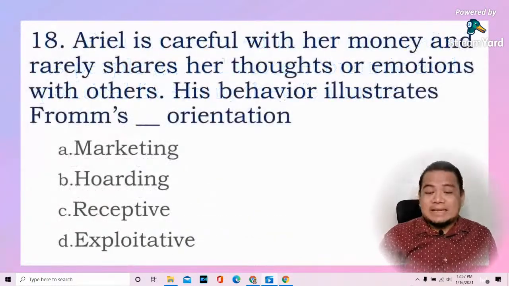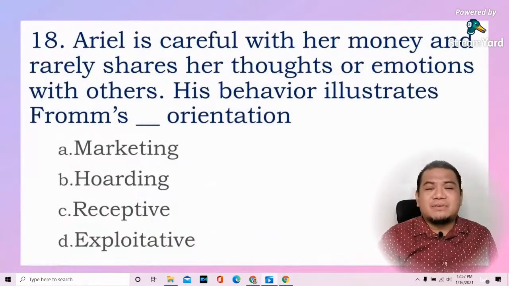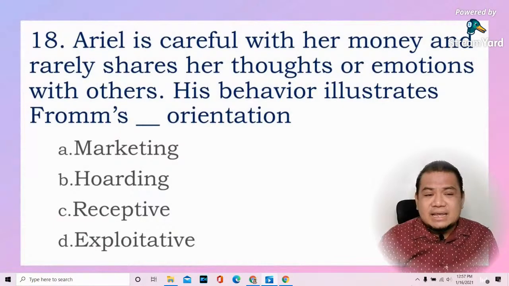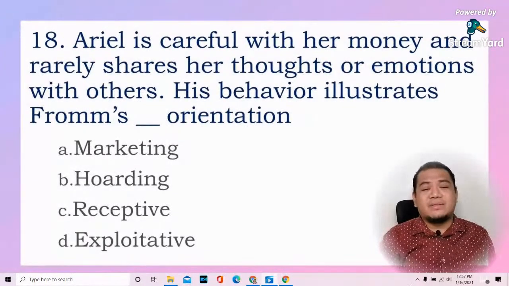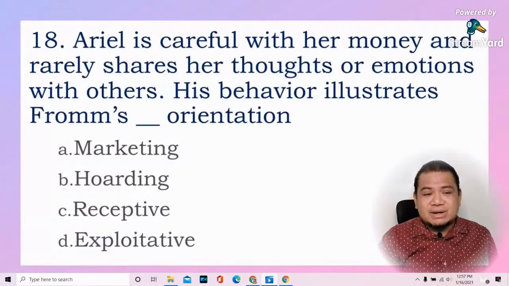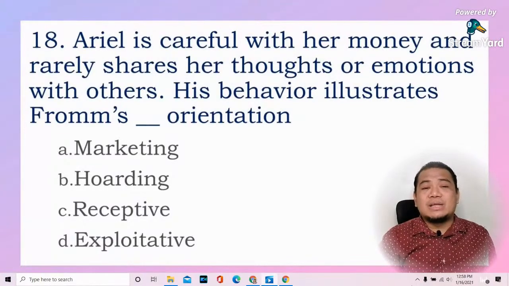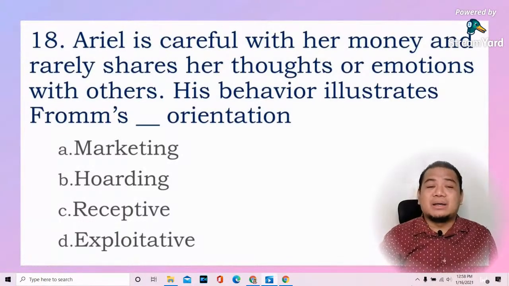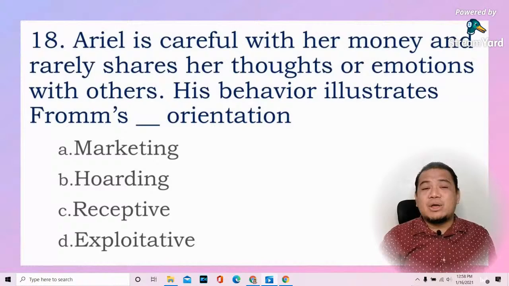Number 18. Ariel is careful with his money and rarely shares his thoughts or emotions with others. His behavior illustrates Fromm's blank orientation. Is it A, marketing, B, hoarding, C, receptive, or D, exploitative?